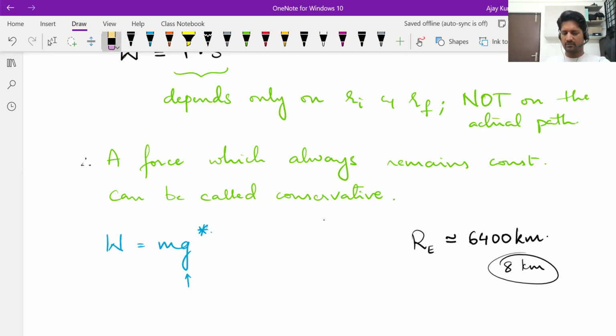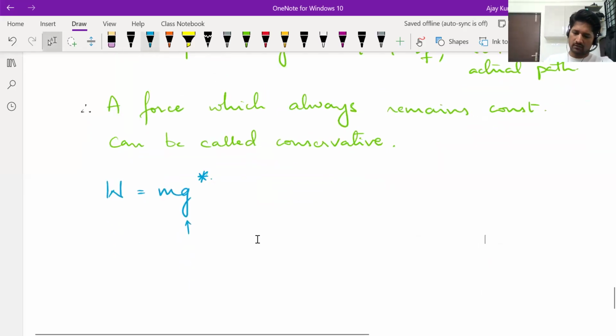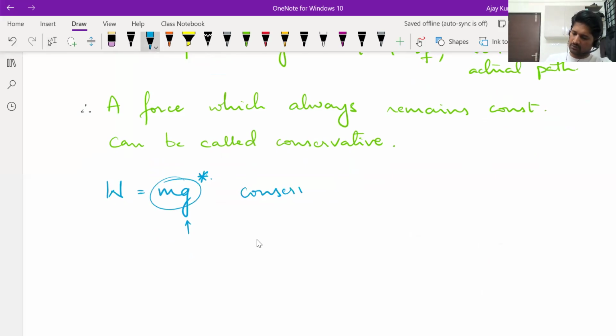So we'll assume the weight of an object is constant for all the displacements that we will be considering for now. So from now onwards, we are going to treat weight W equal to mg as a conservative force. Out of the forces that we have discussed till now, weight is one of the conservative forces because it's a constant force, and we need not prove that work done by it will be same in all paths.